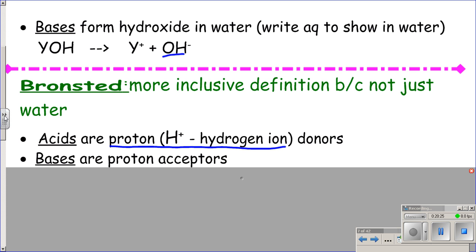Why is it okay for me to call a hydrogen ion a proton? What was it before it was an ion? A hydrogen atom consisting of one proton and one electron. That's all it is. There's no neutron in it. How do I know there's no neutron? It's got a mass of 1.